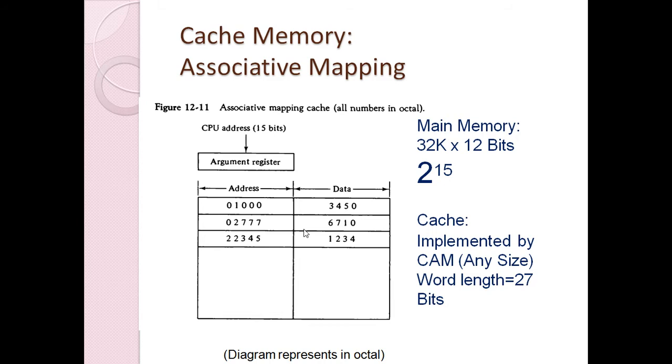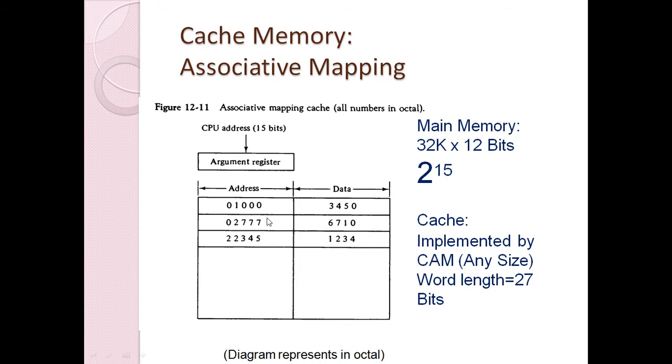So what we do, say I have a main memory of 32K multiplied by 12 bits. That means data length is 12 bits, and there are 32K such data words. 32K becomes 2 to the power 15. So main memory address will be of 15 bits, and data length will be 12 bits.